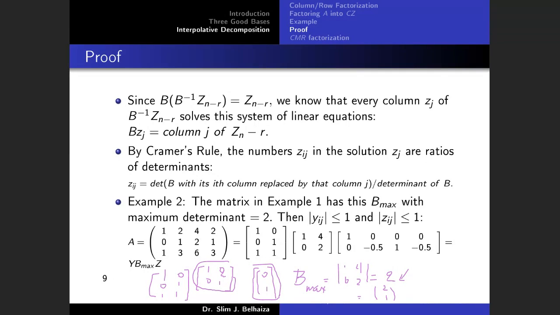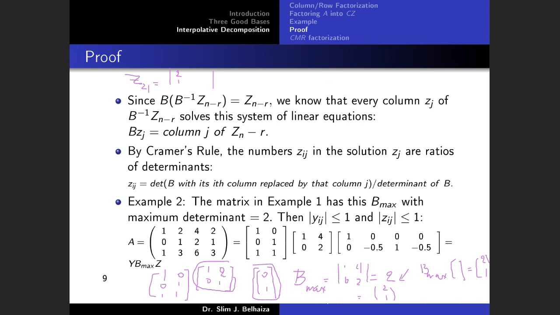I want to find B max times the new row equal to 1. So let's take it here. I'm going to have Z 1, which equals the determinant of B max, but instead of the first row, I'm going to put 2, 1.